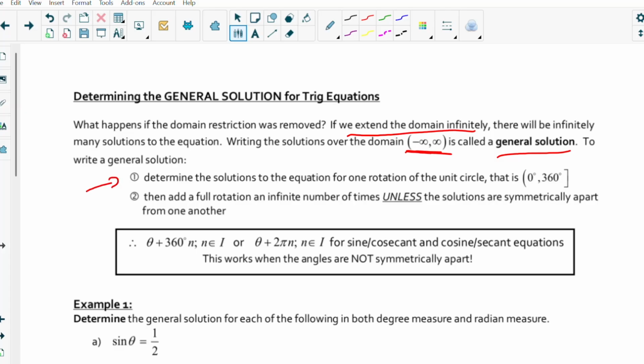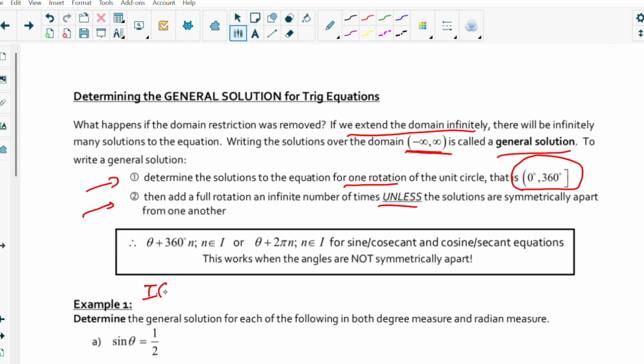To write a general solution, 2 things here. Determine the solutions to the equation for a single rotation of the unit circle within the domain 0 to 360. Then add a full rotation an infinite number of times, unless the solutions are symmetrically apart from one another, meaning 180 degrees apart.